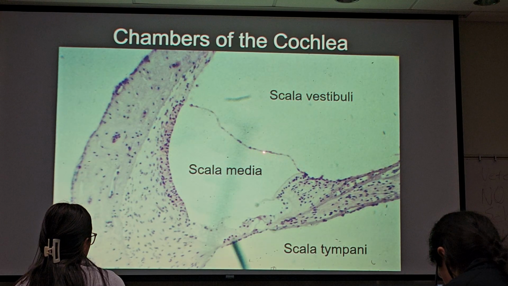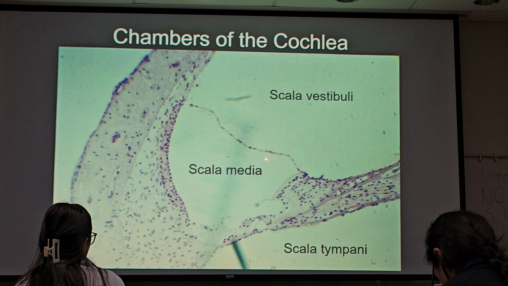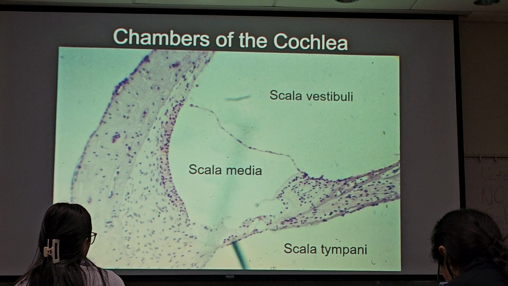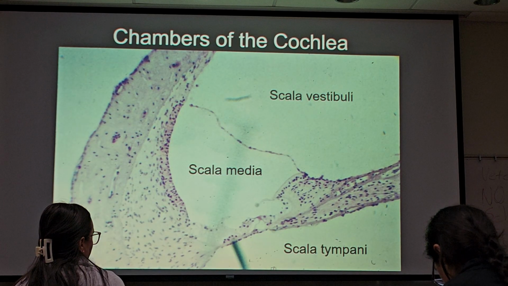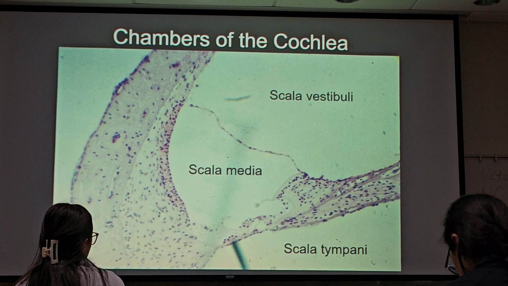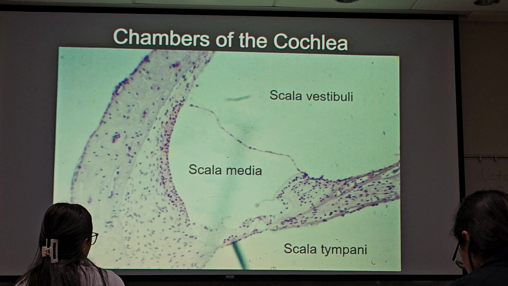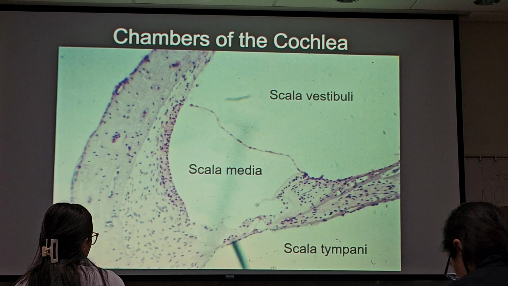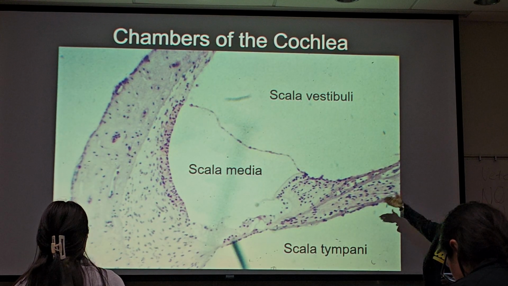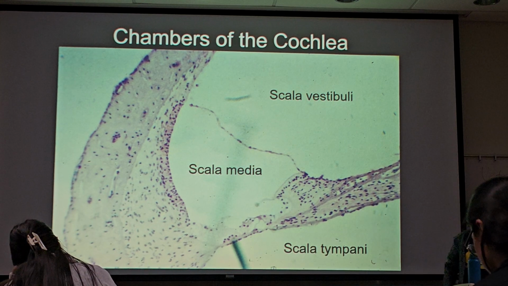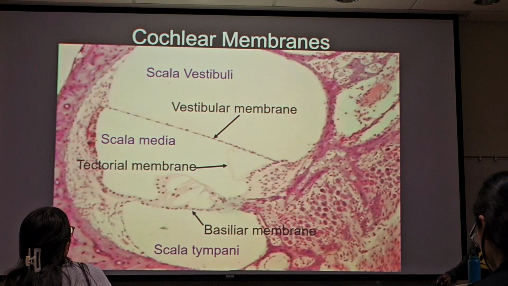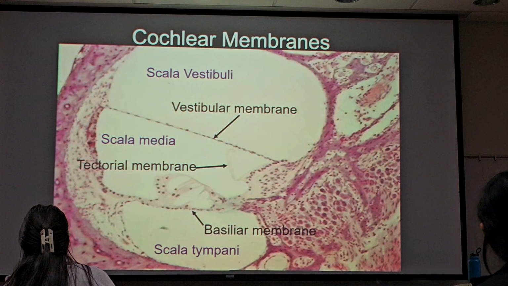This is where this comes from. This is the vestibular membrane, so it's not a little thin strip. It's an entire membrane. You just have to slice through it, so we're looking at the edge of that membrane. It is a membrane, a structure. We're just looking at the edge of it.